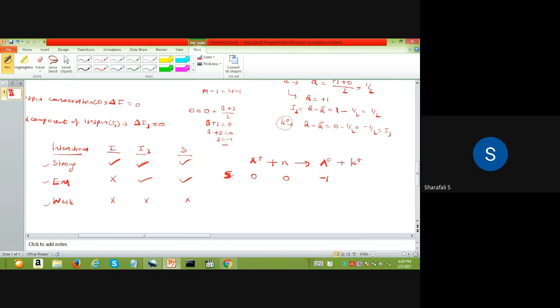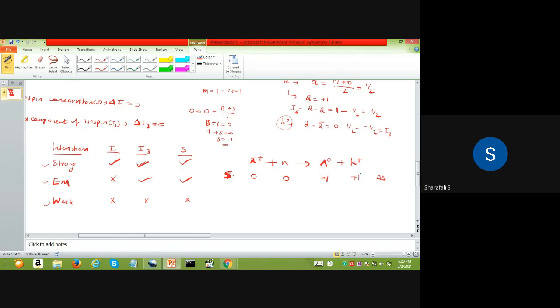For K plus, we already calculated the strangeness value, so that will be +1. So you can see delta S here. Before interaction it is 0, and after interaction it is -1 plus 1, that is also 0.